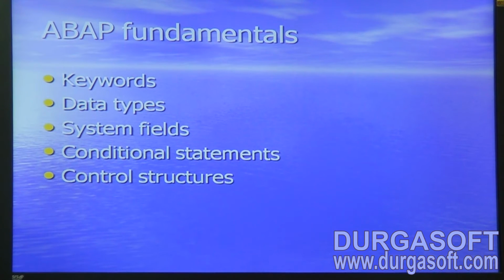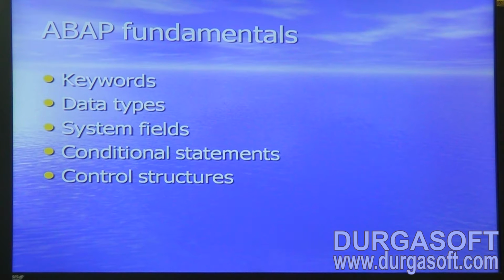Even when we are going to any language, first of all, we have to know some of the fundamentals. So we have seen what ABAP is and what things we have in ABAP. Basically, the ABAP programming language contains keywords, data types, system fields, conditional statements, and control structures.